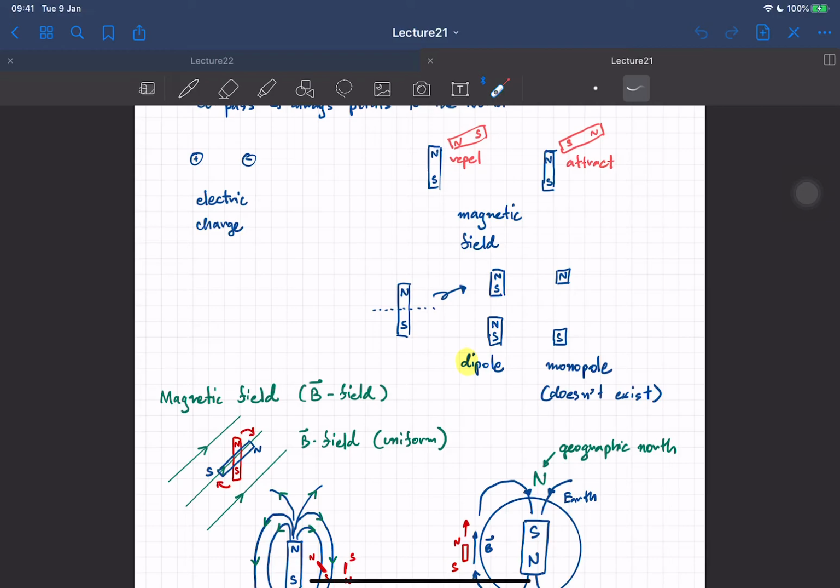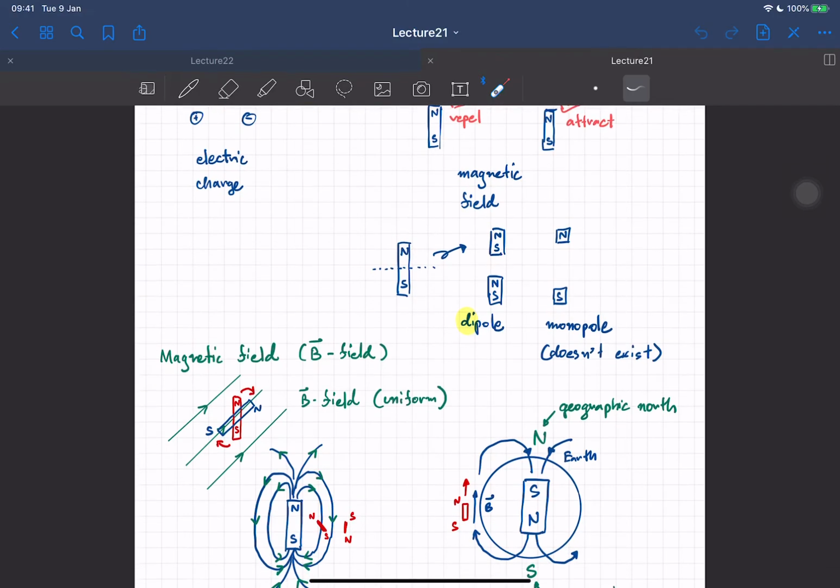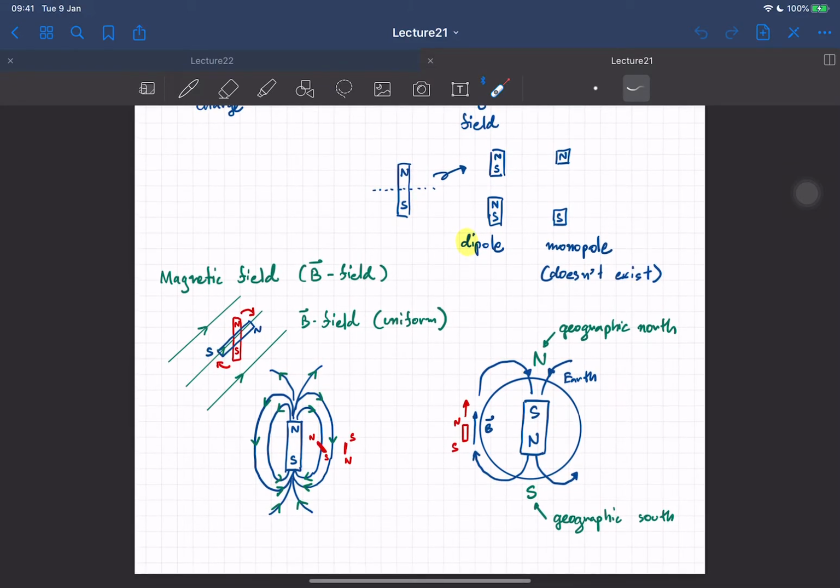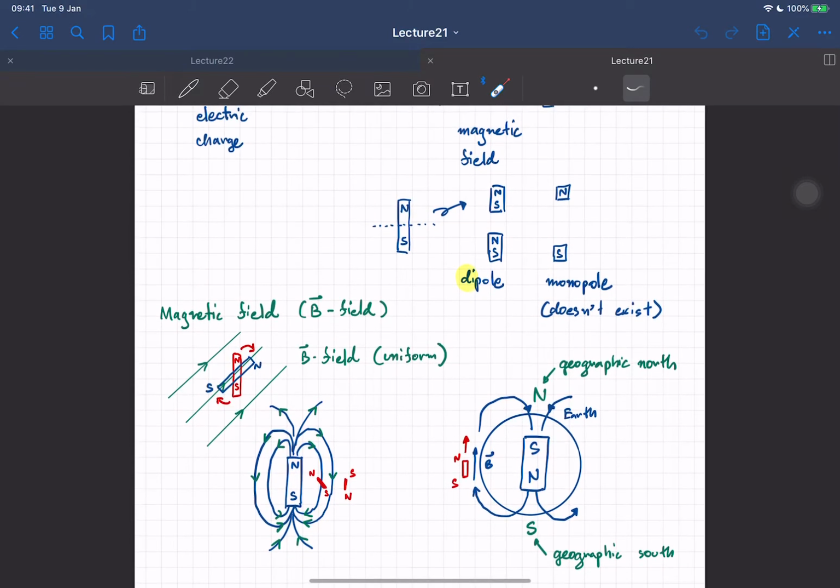I think there's one experiment that claimed they have found it, but it's just one data point and they cannot reproduce it. So I don't think anyone believes that. But anyway, that's the main difference. For magnets, usually we're gonna talk about dipoles.